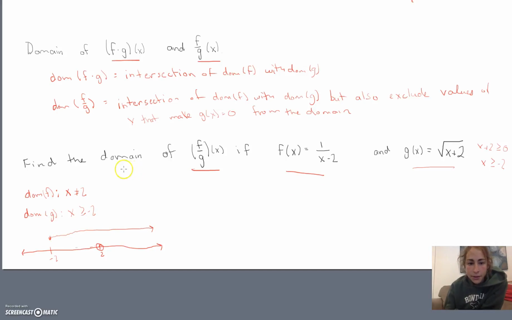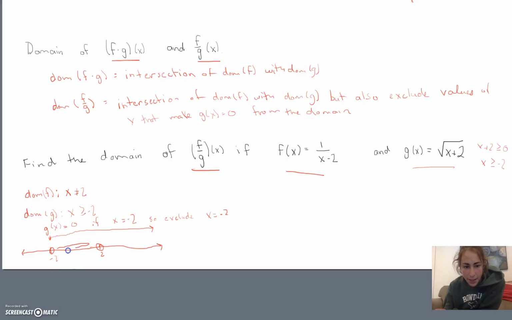But now, I also have to exclude the values that make g of x equal to 0. So g of x equals 0 when? If x equals negative 2. So exclude the value negative 2. So now this becomes an open circle as well.